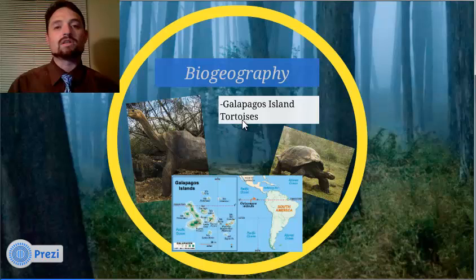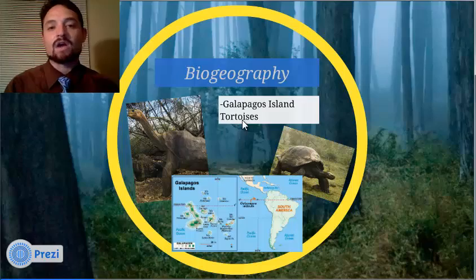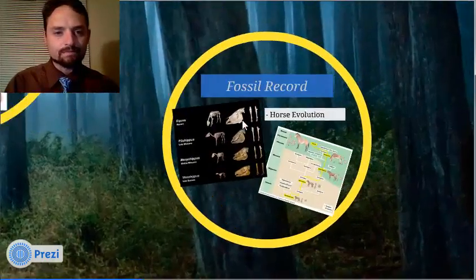You can also look at this between continents and throughout the world, of where things are found in relation to other organisms that have similar qualities, and then looking at how those similar qualities would have driven the understanding of a common ancestor, which is a lot of what Darwin would have started with.